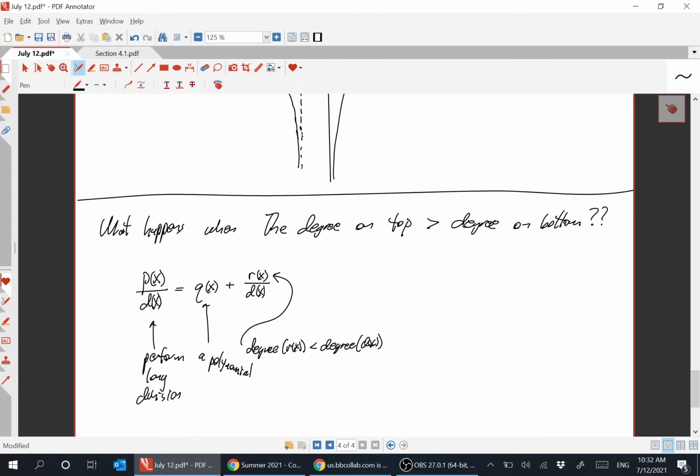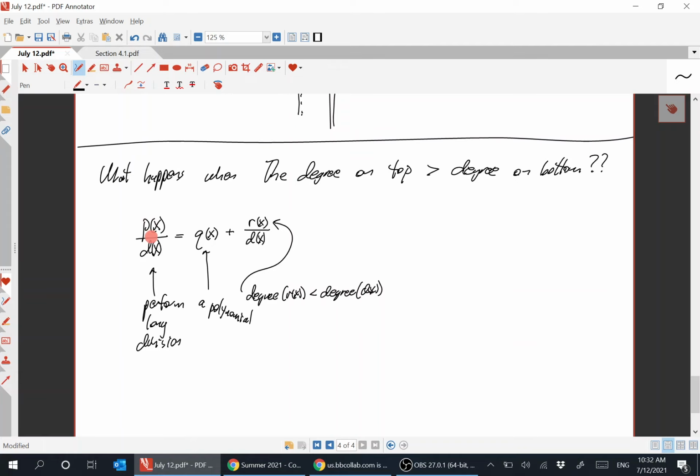And as x gets very large, remember, r of x over d of x has a horizontal asymptote at y equal to 0.